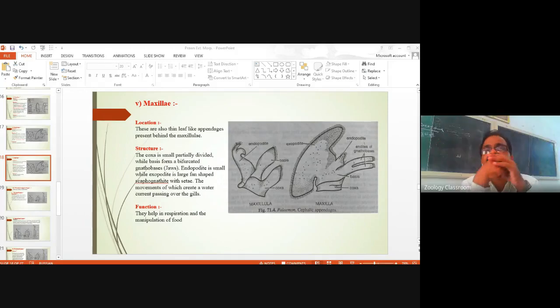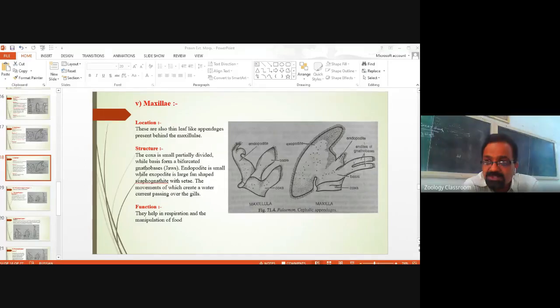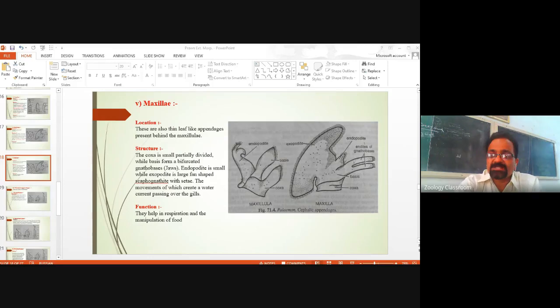Let me clear this, I think you are confused with the words pre and post. Sir, antennules or antennae? Antennules. Sir, the postoral? They are preoral. That is why I am saying that.